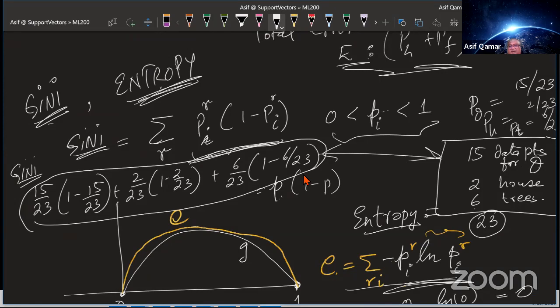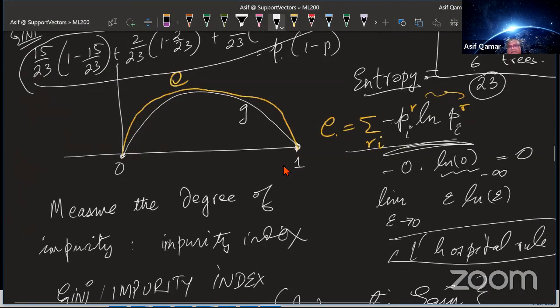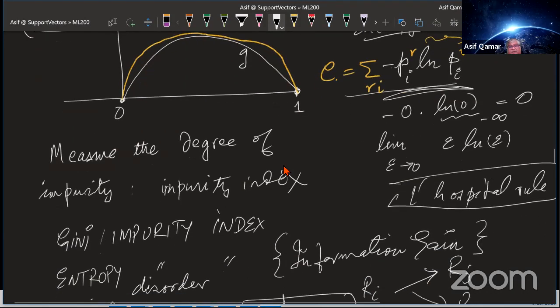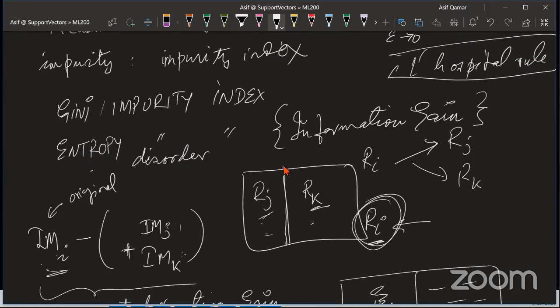Now, Gini and entropy are both interesting functions. I think last time in the review, some of you said that you were not very clear about Gini and information gain. Arini, were you asking a question?